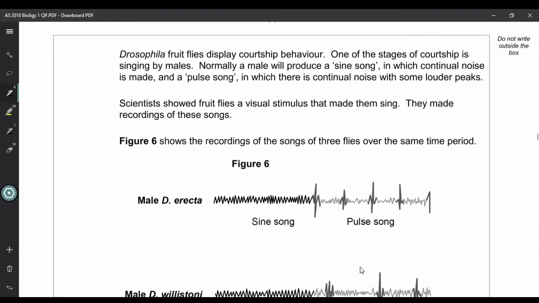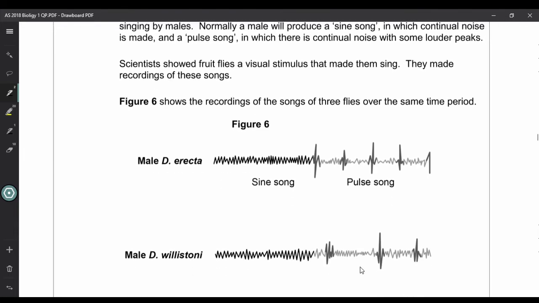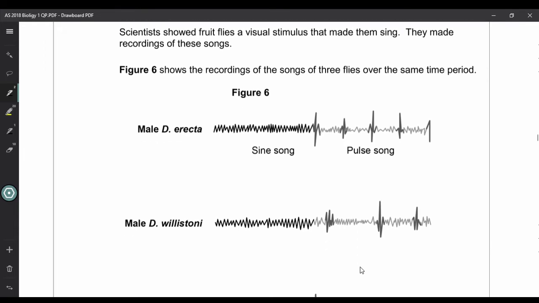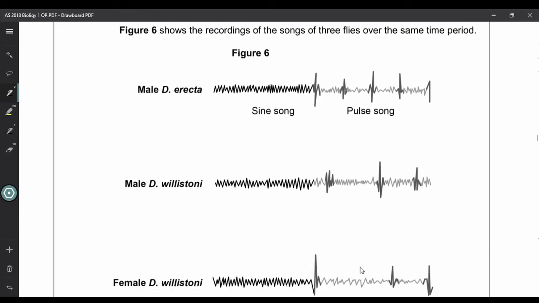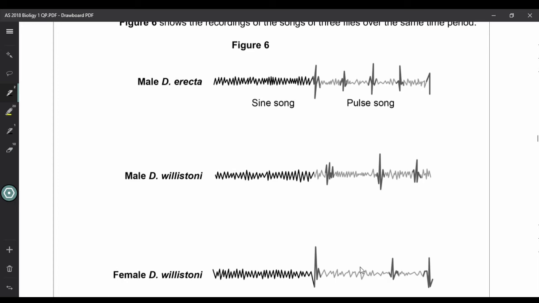So we've got, for the same time period, examples of 3 different songs. If you note that these last 2 are of the same species, but we have a male and a female. So we've got the sine part of the song and the pulse part of the song.